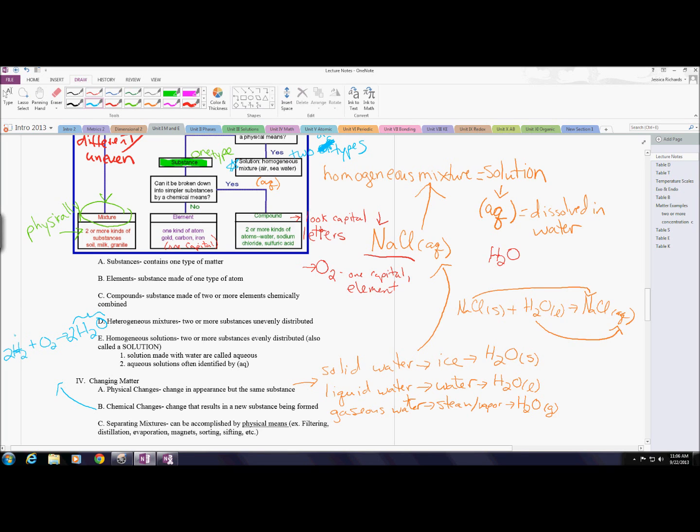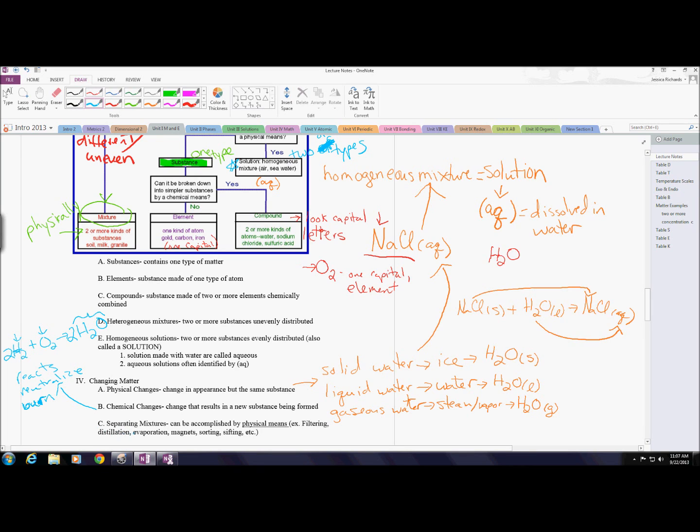I went from an element and an element into a compound. That's a chemical change. So if you do something that makes a new substance, when it's done, it's a chemical change. Reacts, neutralizes, anything that sounds like burning, combustion, oxidize, burn, those are all going to be chemical changes. Look for those keywords when you're doing those things.